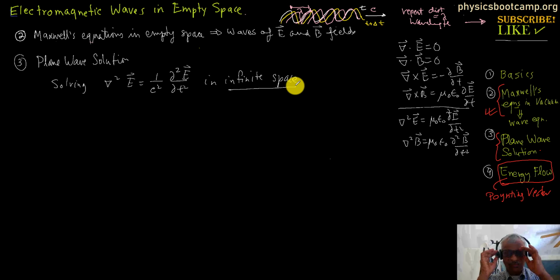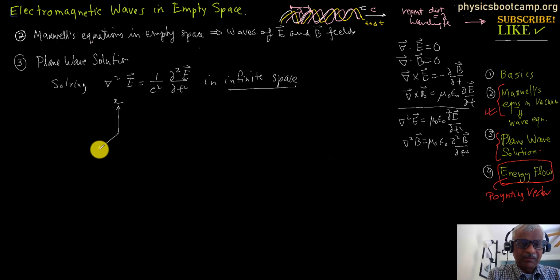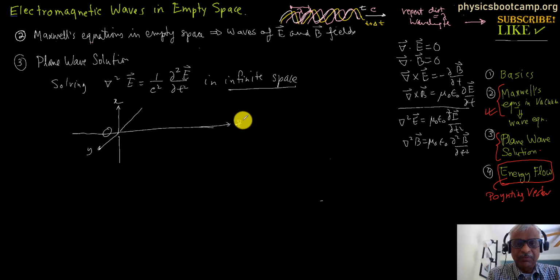This is just a mathematical problem, a mathematical solution. To do this, we will choose a coordinate system with x and y, and we'll choose the wave to travel along the z-axis.